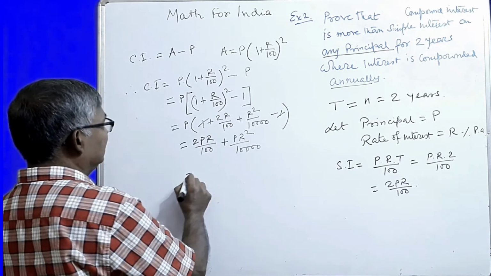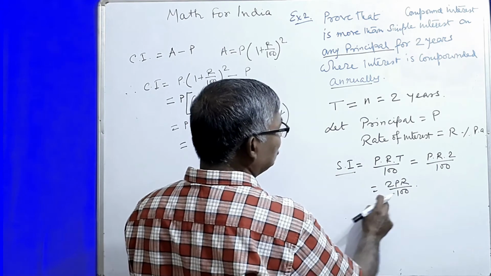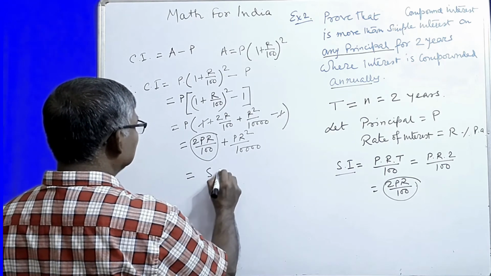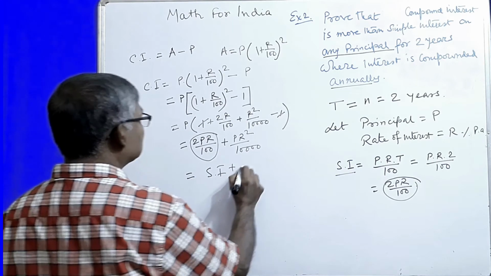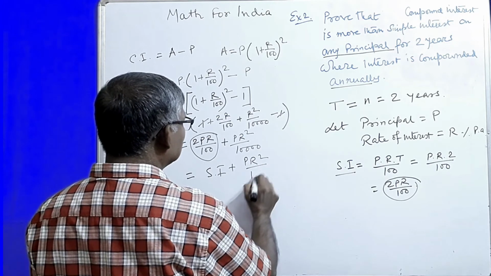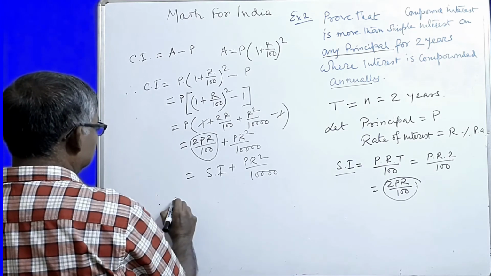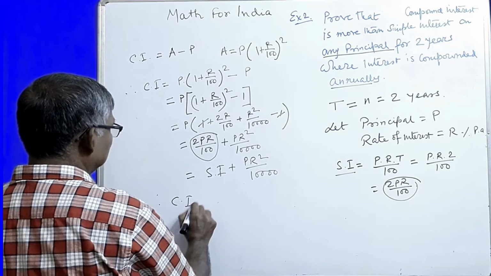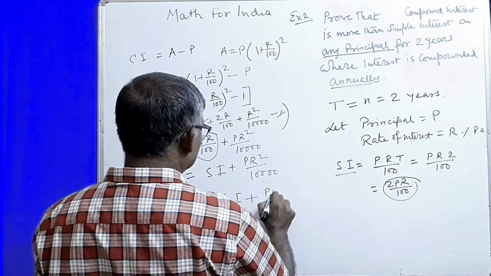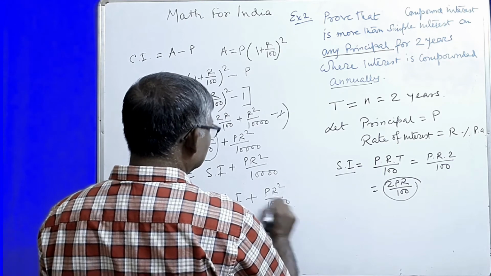Students, here see what is SI? SI equal to 2PR by 100. So this is SI plus PR square by 10,000. Therefore, we can write CI equal to SI plus PR square by 10,000.